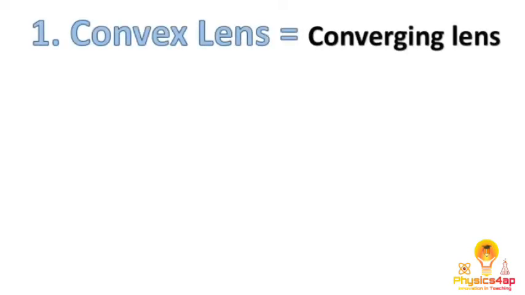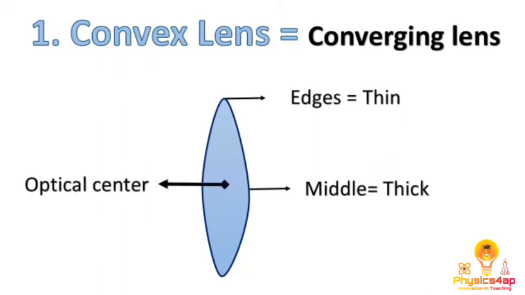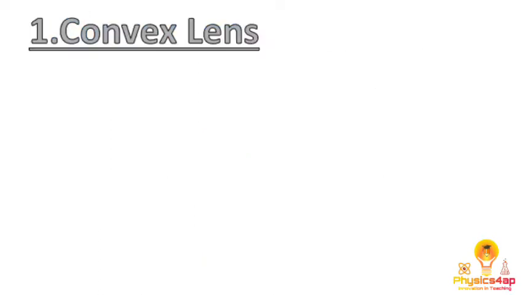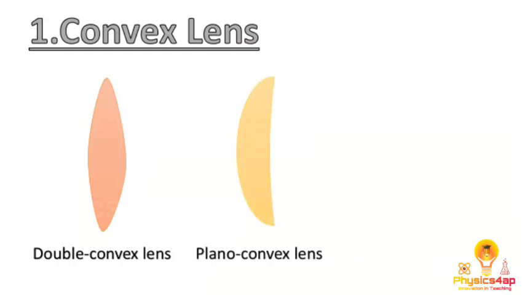Convex lenses are also called converging lenses. This is an image of a convex lens, where the edges are thin and the middle, where the optic center is present, is thick. The types of convex lens are the double convex lens, also called biconvex, where we have two curved convex surfaces and the middle is thick.